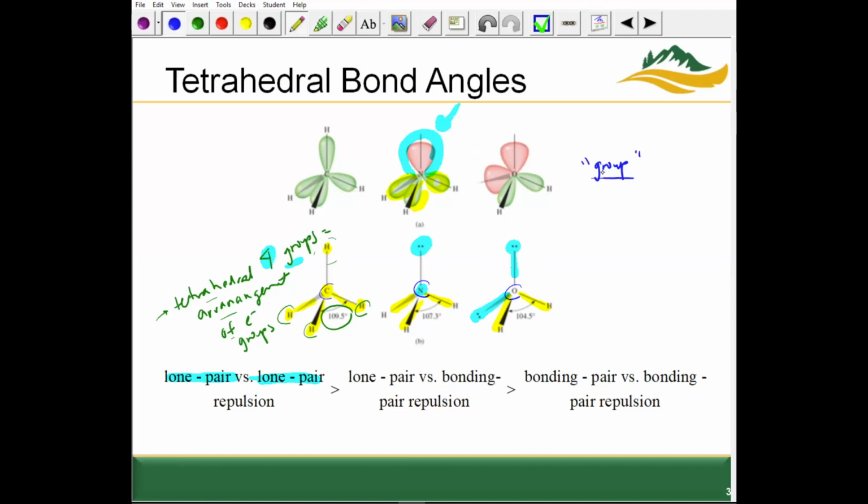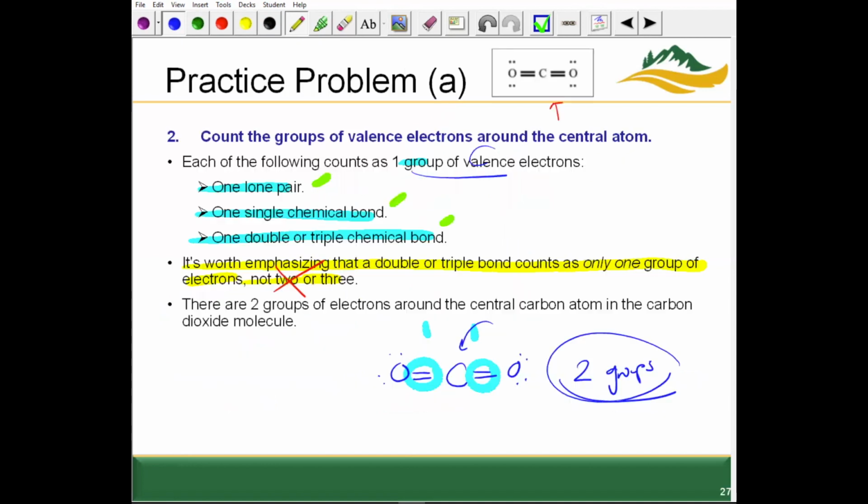By group, we know from last time in chapter 10, part 1, groups are considered 1 lone pair of electrons, a single chemical bond, or even a double and triple bond. Those all just count as 1 group of electrons. Specifically, these are the groups of valence electrons, because valence electrons are what are responsible for chemical bonding.